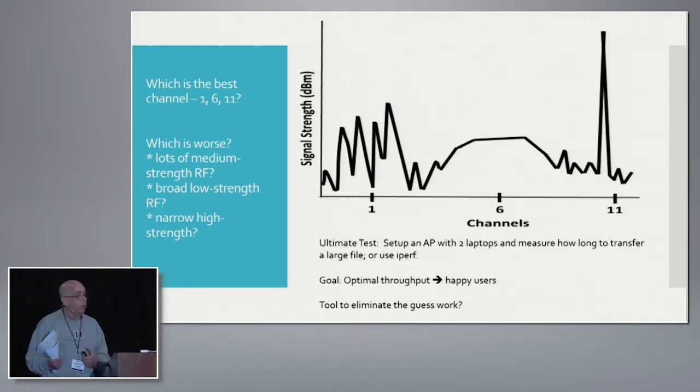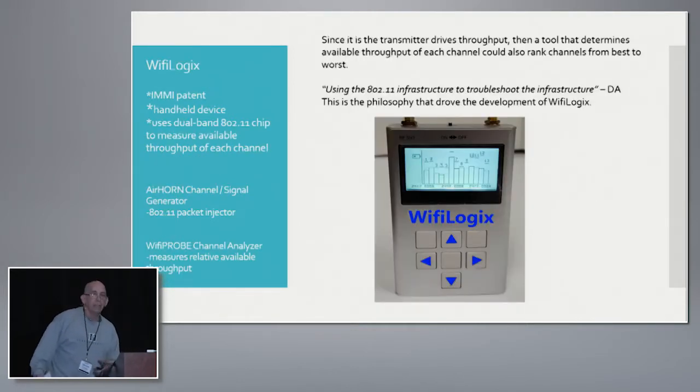The goal is always to get optimal throughput, because that's what makes users happy. So wouldn't it be nice to have a tool that eliminates the guesswork? And that's my segue to my favorite slide. We're coming up with a new product. It's called Wi-Fi Logix. It's a handheld device. It's based on a patent that was published a couple years ago.